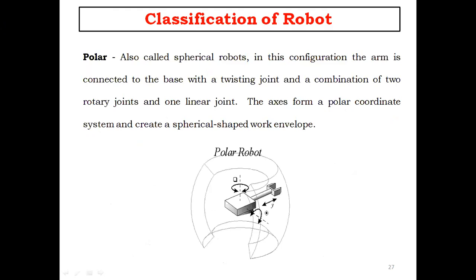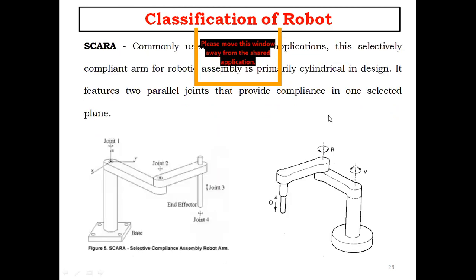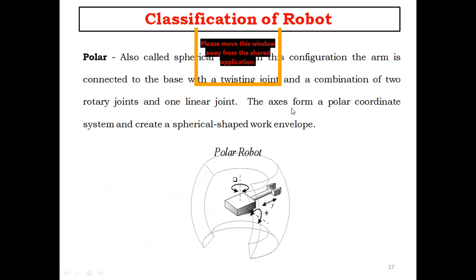The next one is the polar, also called spherical robots. In this configuration, the arm is connected to the base.